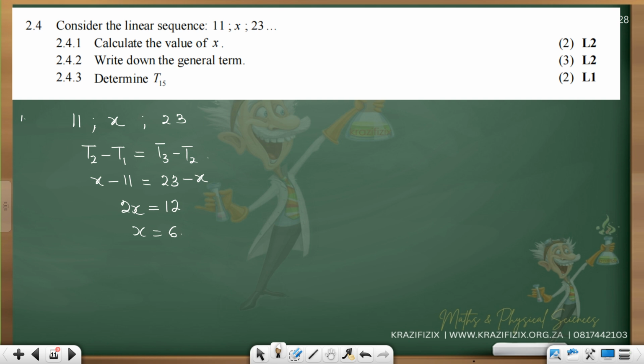But check something. I could try something else, and I think I once came across a question like that. If I tell you that T3 minus T1 is 2d, 23 minus 11. Oh no, wait. Let me check something here.